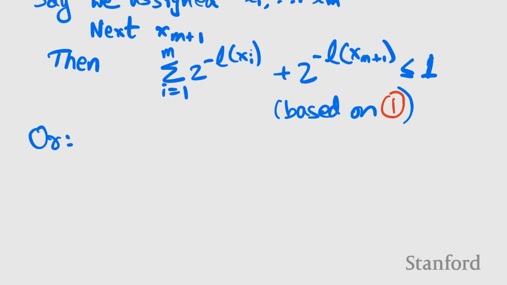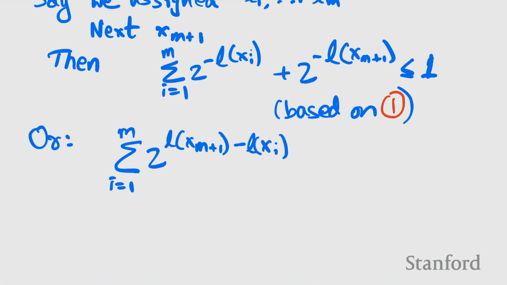So what I will do now is, the key is I will multiply both sides by 2 power lxm plus 1 and then I will move one of the terms to the right to get minus 1.